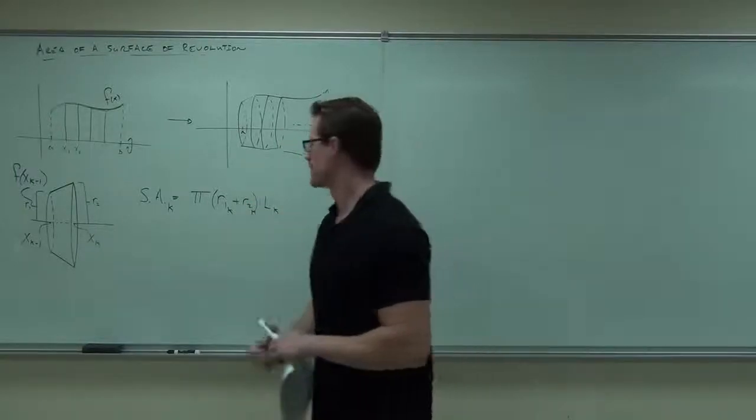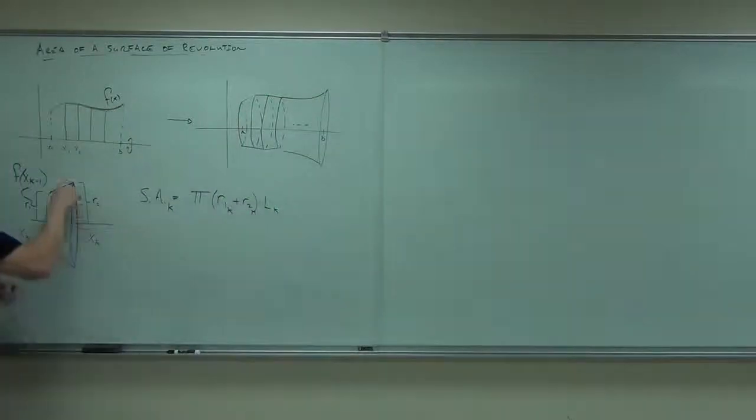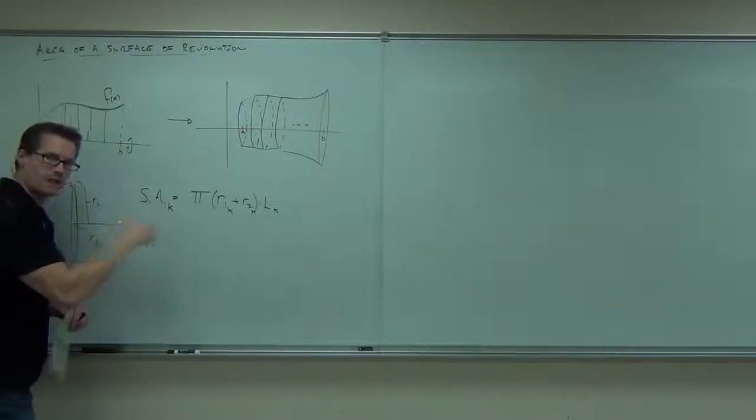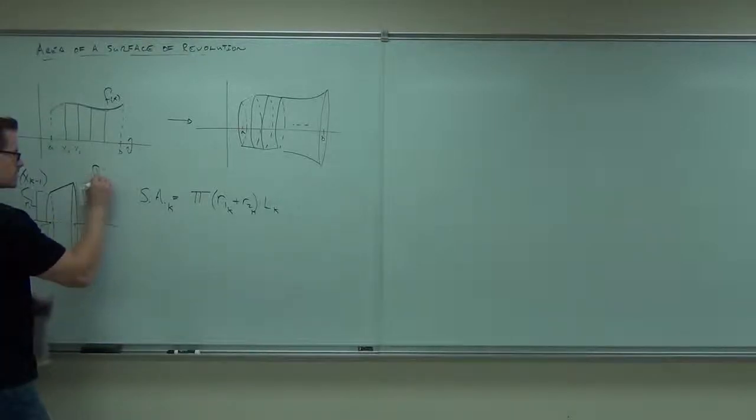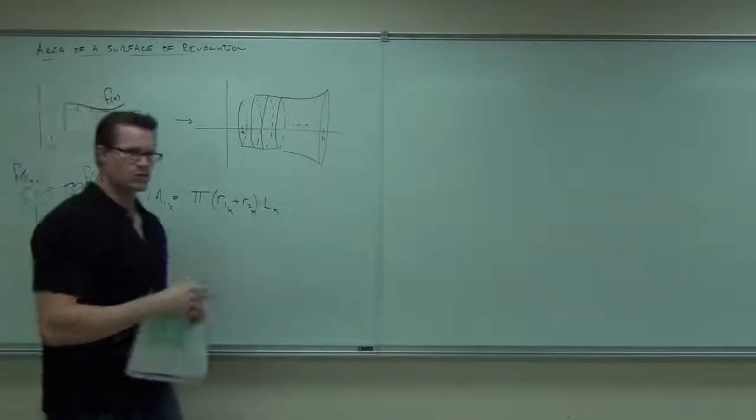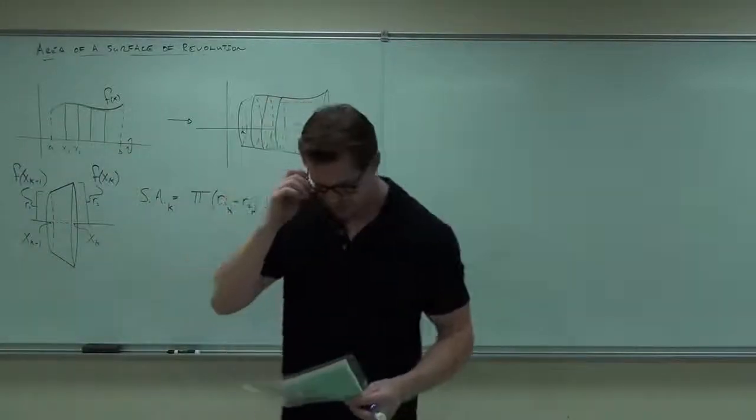That's your radius. How about the height here, from here to here? Well, look. That's just the height of the function, whatever x-coordinate I'm plugging in. In this case, it's x sub k. So R2 is f of x sub k.